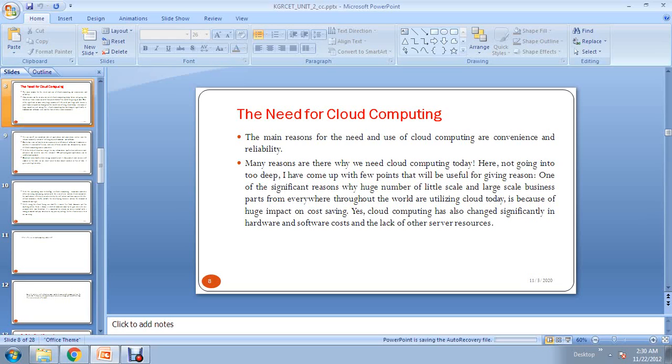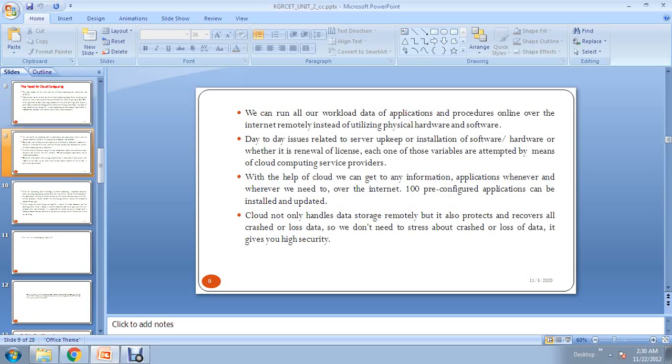So now if we choose cloud computing, in that case also you need cloud computing. Why? Because for physical equipment you can take low cost, and the remaining high configuration equipment you can utilize through cloud computing. So these are the major reasons for needing cloud computing.